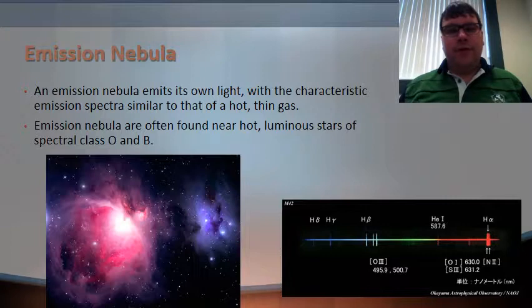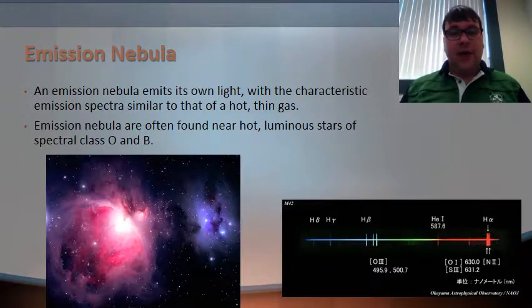It has very vivid colors all throughout different pockets, but the most prominent regions that are very, very bright are actually gases that are being ionized from very hot stars that were formed within the gas cloud structure. Now, what we're seeing with an emission nebula is, again, those gases are ionized and they will emit the light.